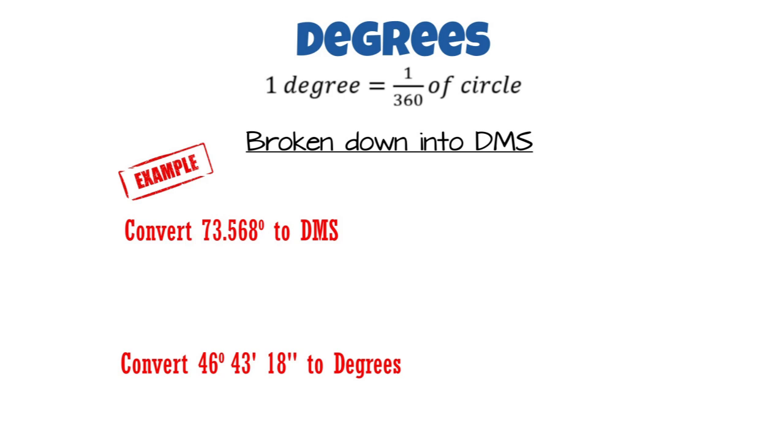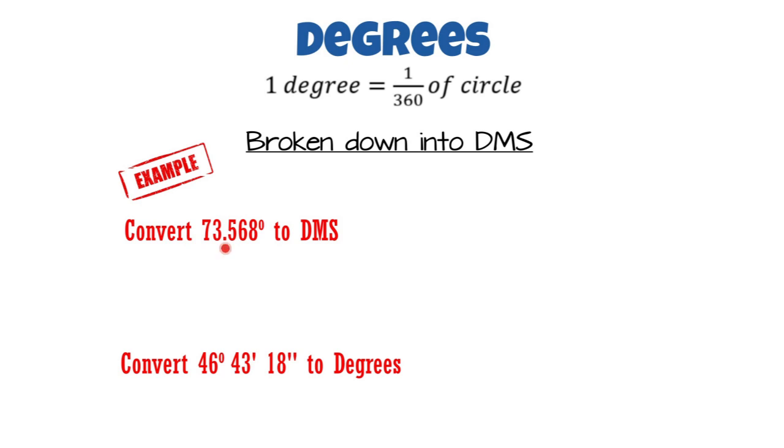Now, when you start dealing with degrees, sometimes you'll have a decimal part of a degree, and you can break that decimal part down into degrees, minutes, and seconds. You would have seen that with longitude and latitude, which are measured in degrees, minutes, seconds. Let's talk about how to do that. Here I have an angle measured in degrees, with 0.568 of a degree. Because it's 360, it works very nicely if you think about a clock.